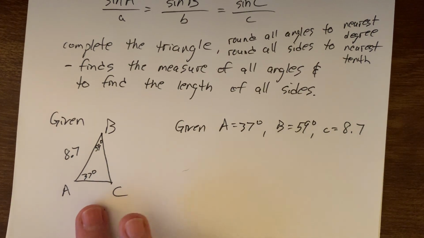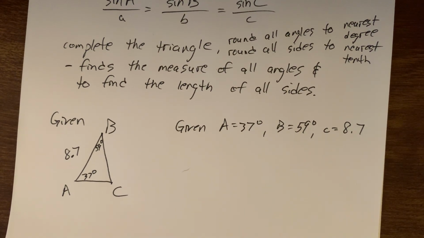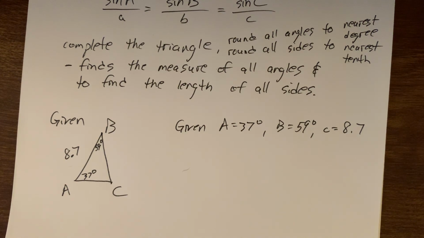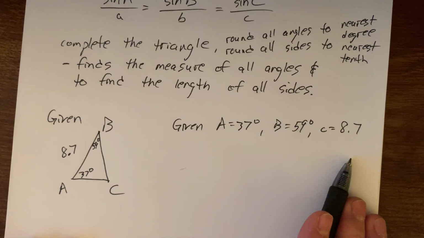And the second thing, this is our first problem, we'll do several more, but this is the nicest situation, everyone. In this one, I always have to give you 3 pieces of information. What pieces do I give you? Well, in this situation, I gave you 2 angles and 1 side.